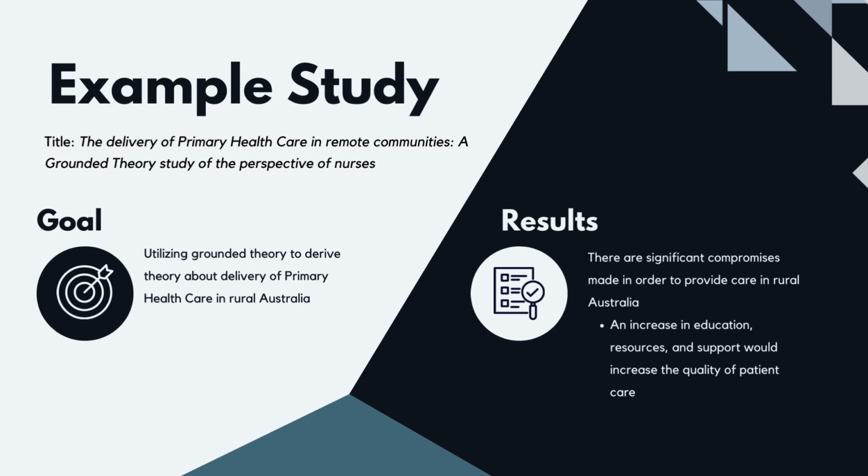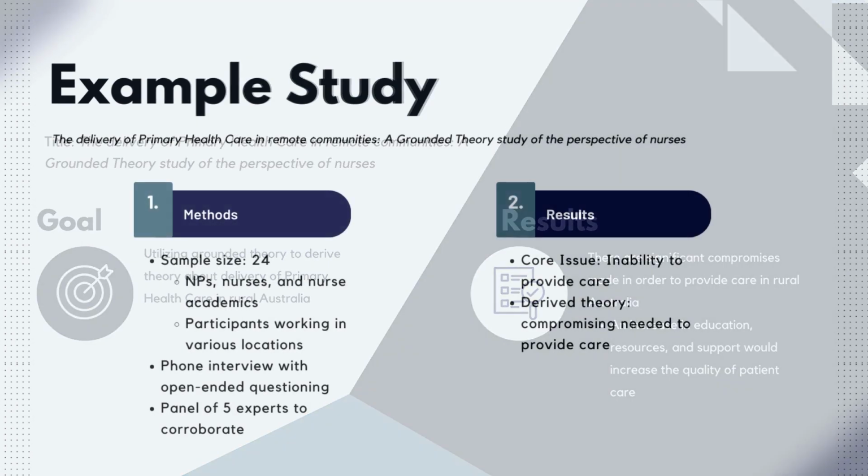The result was that significant compromises need to be made in order to provide care in rural Australia. Because of those compromises, an increase in education, resources, and nursing support would increase the quality of care for these patients.